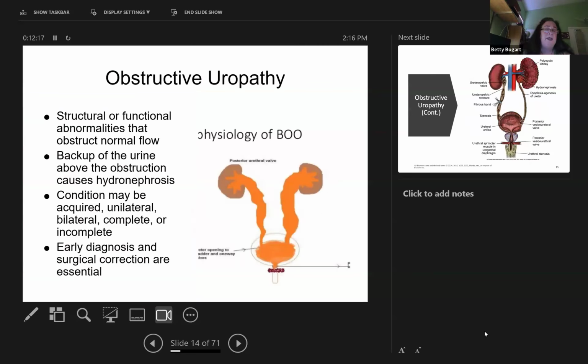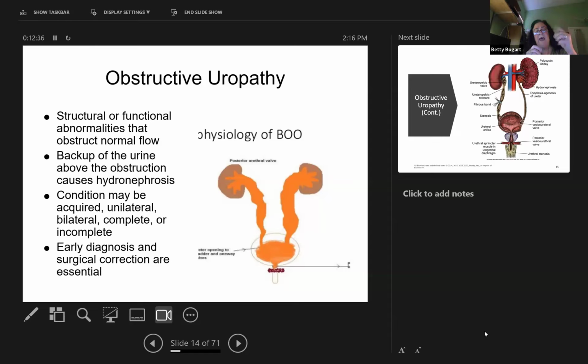Now, one of the most common things that happen in children is obstructive uropathy. That means there's a kink in the hose somewhere. I think vesicoureteral is your most common of all because the vesicle is your bladder and the ureters come down from the kidneys.